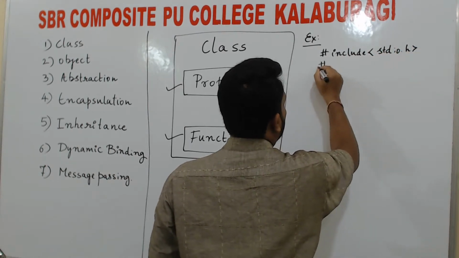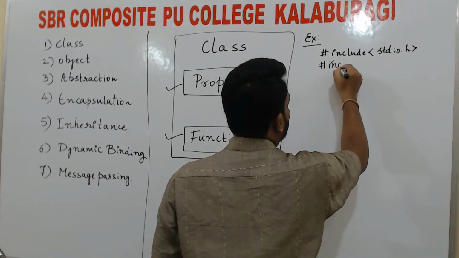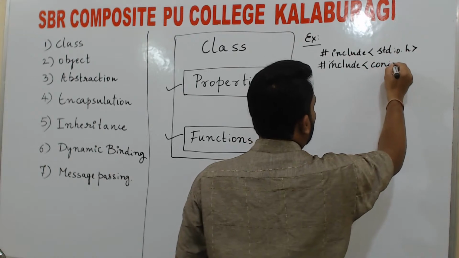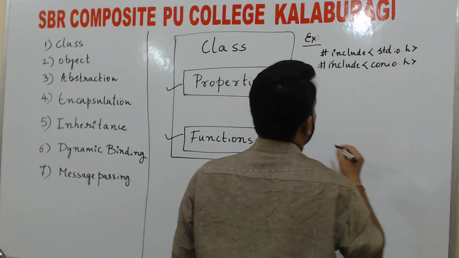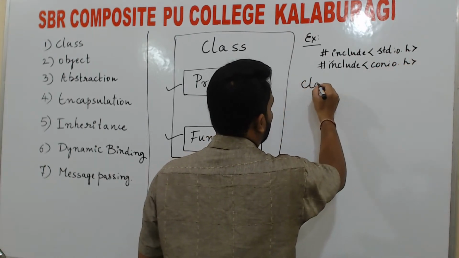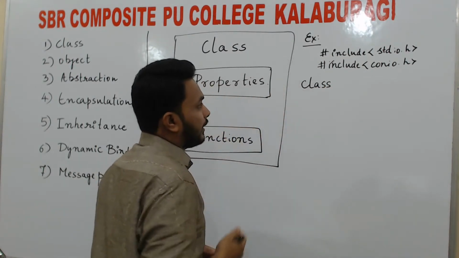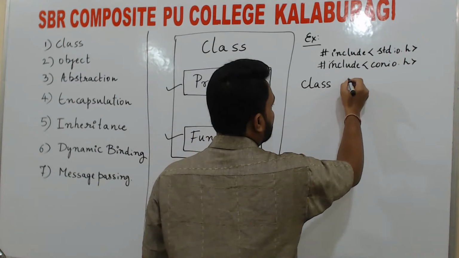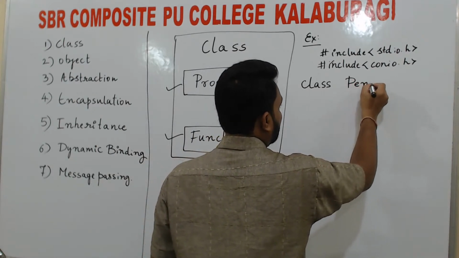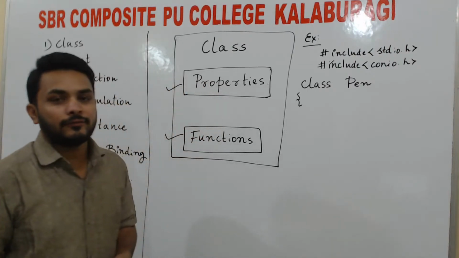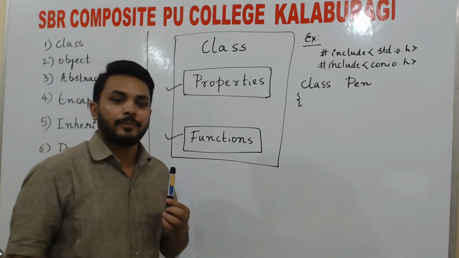The first step, you should include .h files. The second step is you should include a class. The class starts after including the header file. My object is pen, so class pen. We have created a class of a pen.